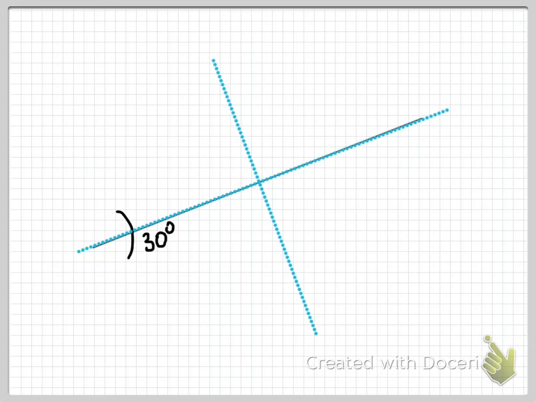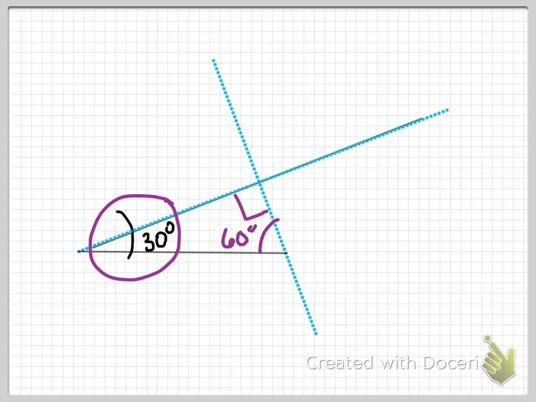There we go. So it's safe to say we can all agree that if we run a line from that starting point of our slope out to where it intersects the y-axis, and we know that this angle is 30, and we know that this angle is 90, I think we'd all agree that this angle is 60.